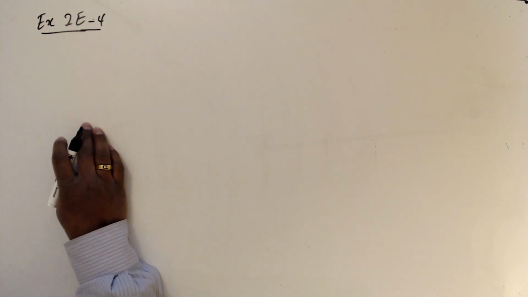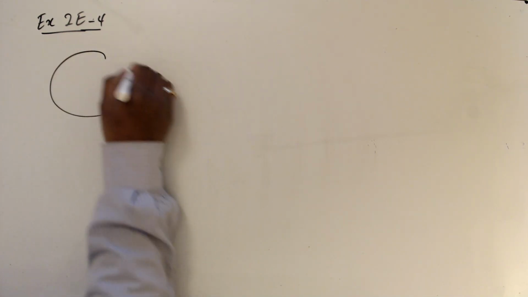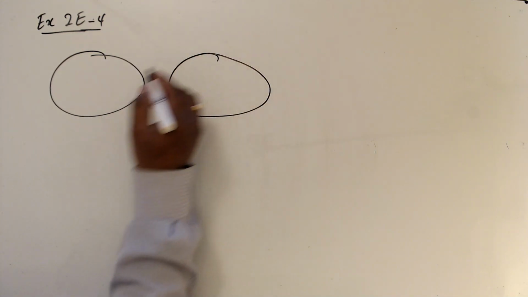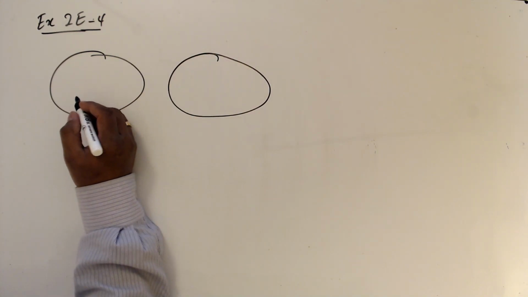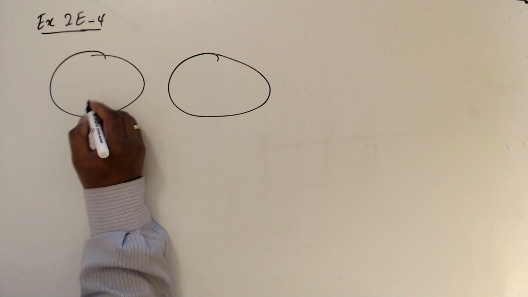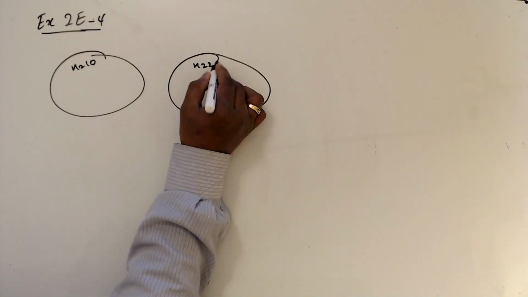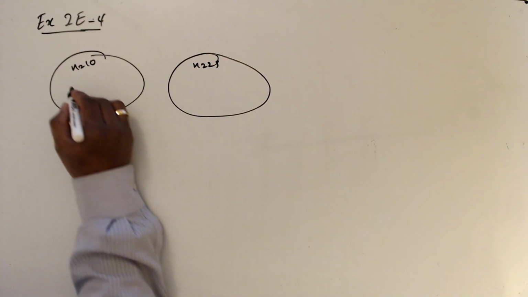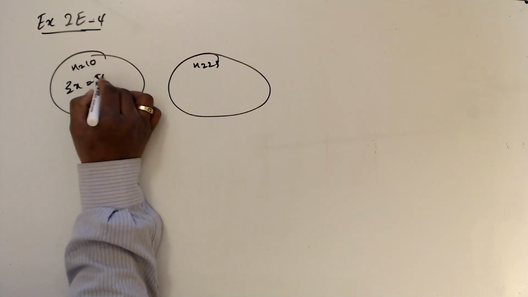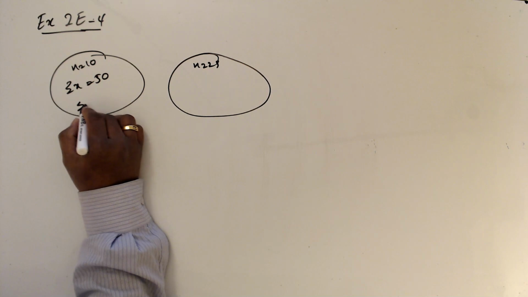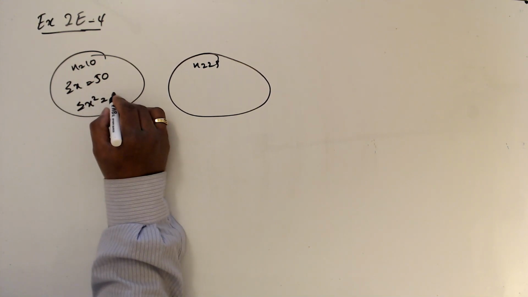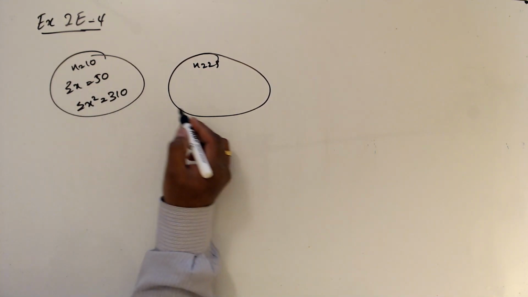Question number 4. There are two sets of numbers. One is n equal 10 size, the other one is 25, and summation x equal 50, and summation x square equal 310.